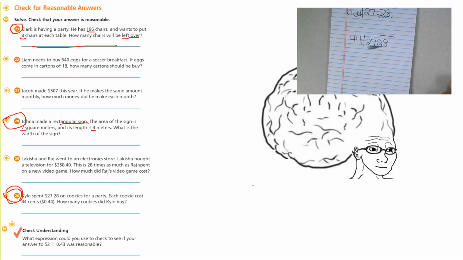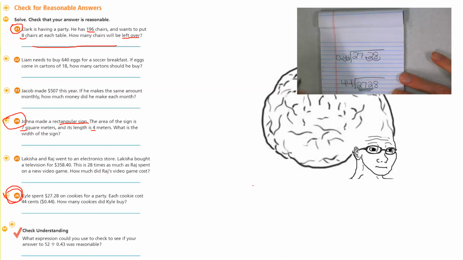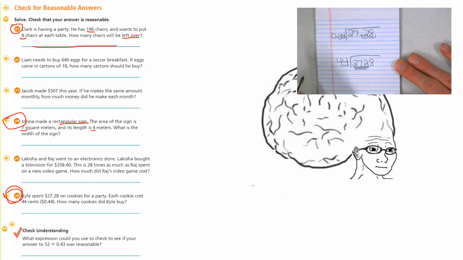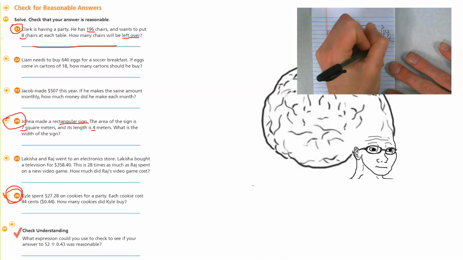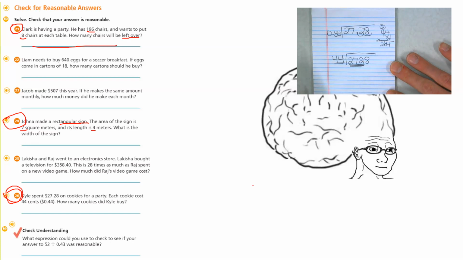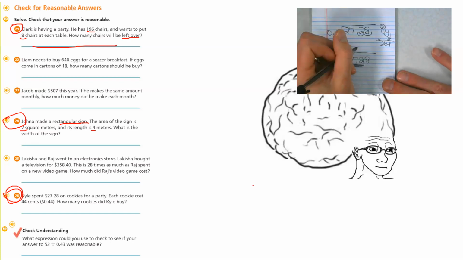How many 44s? I'm gonna guess 6. Just gonna guess 6. Why? Because I know 5 times 40 is 200. So I'm gonna guess 6. Probably 7 actually, but let's see. 44 times 6. 24. 26. No, I was right with 6.